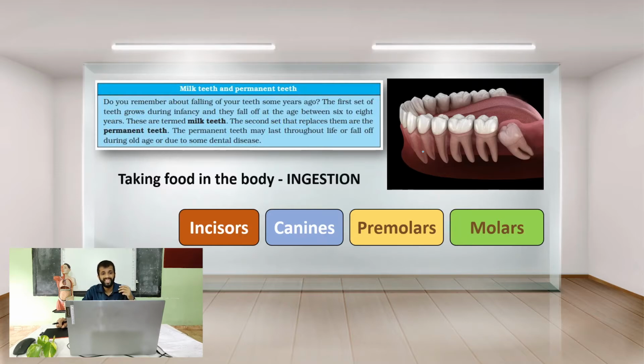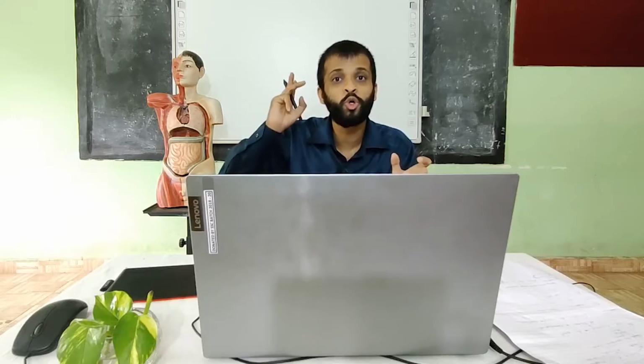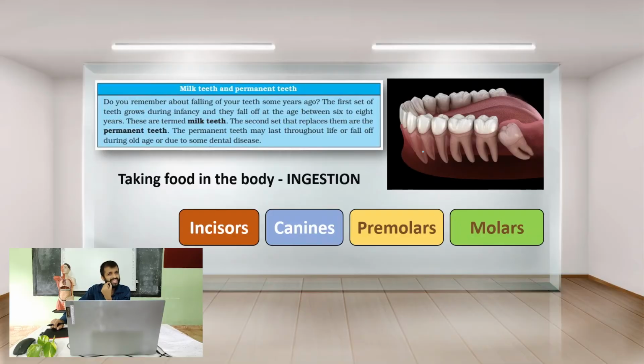The word incisors, you can remember it as scissors. They're used to cut something. Canines are the side ones which help you to tear something, pierce into. Like if you want to break a shell of a dry fruit, then probably you use the side of it.